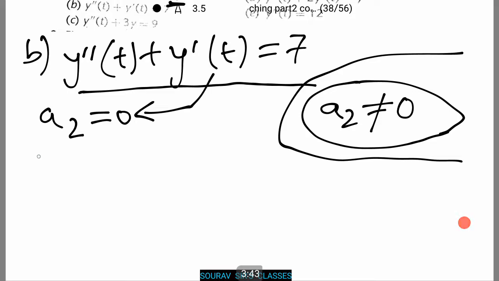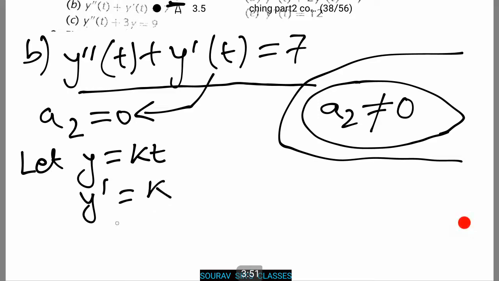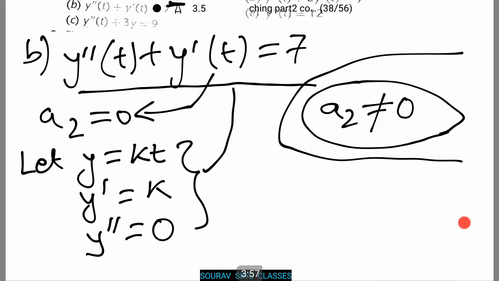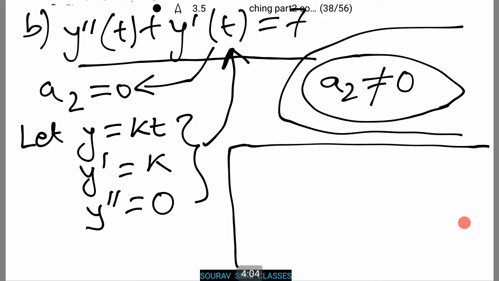For this case, we will let y equal kt. Thus y dash becomes k and y double dash becomes 0. Now all we need to do is put these values over here. Now the equation becomes k equals 7.